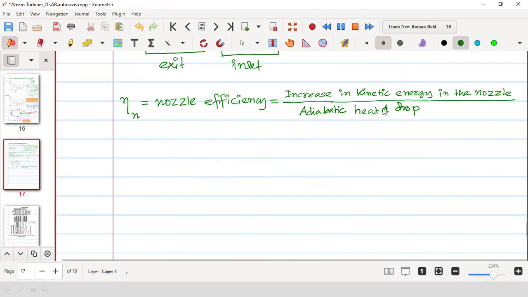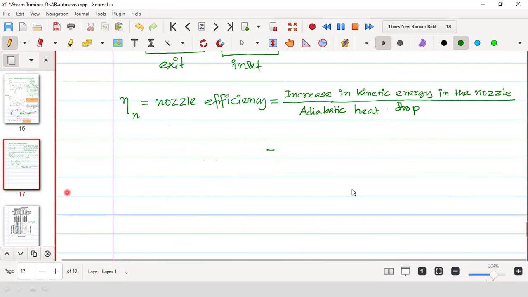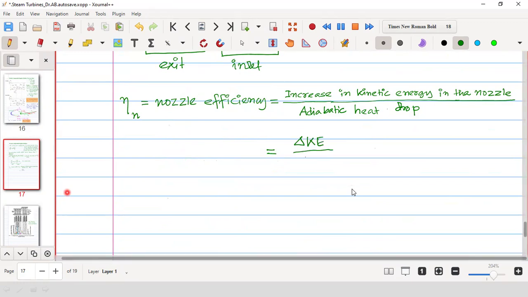So we can write delta KE, both per unit mass, and in the denominator we have delta H, isentropic or adiabatic.